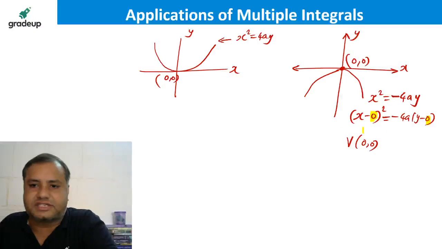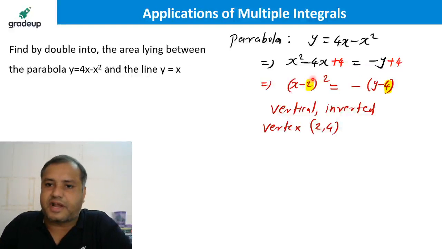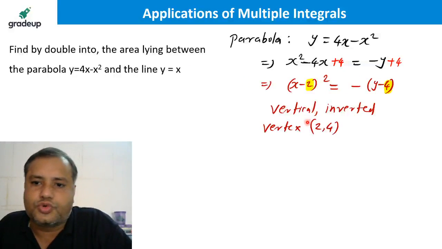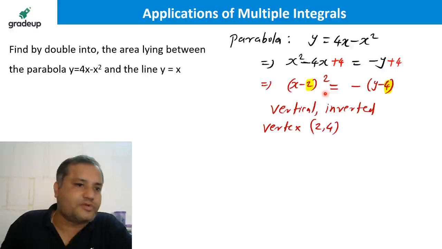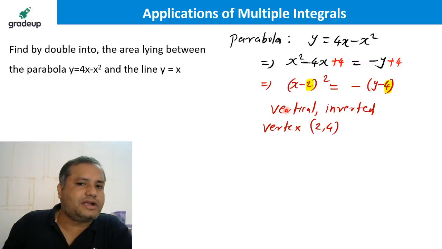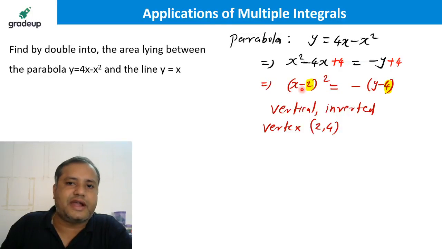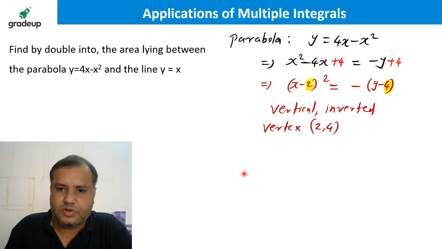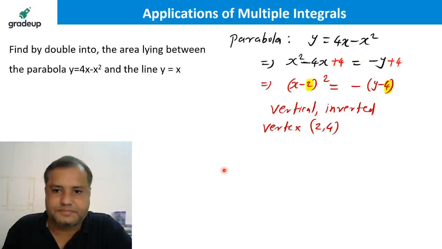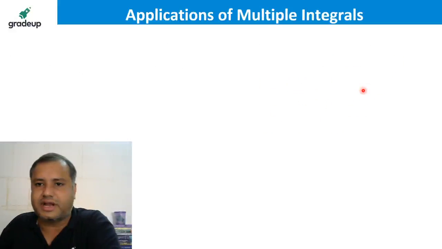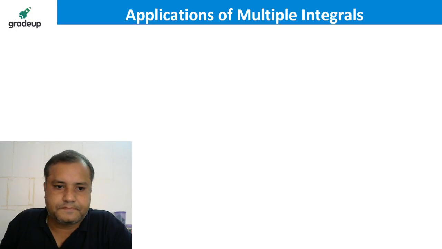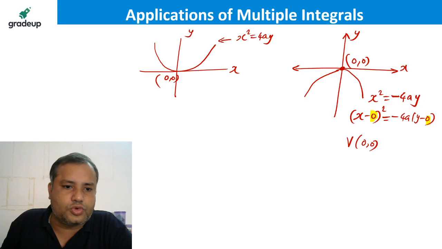So comparing with this, which values are subtracted from x and y? 2 and 4. So 2, 4 is the vertex. So I got a rough idea of this parabola. This parabola is inverted, having vertex at 2, 4.